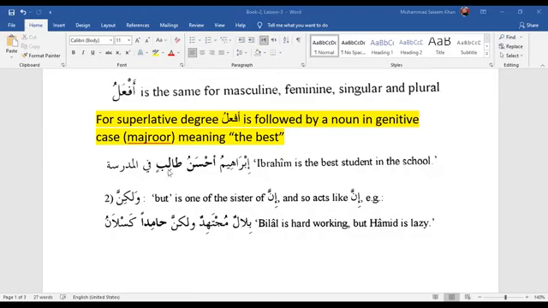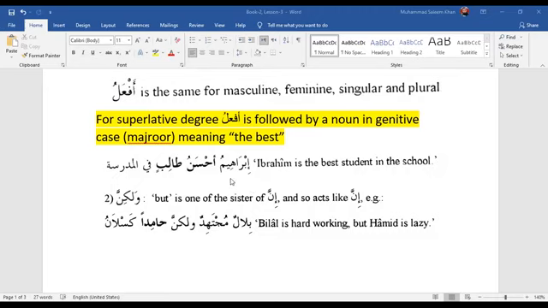Like we can see here that after ahsanu, we have the noun which is majroor, or it is in genitive case, it has kasratain. So ahsanu talibin fil madrasati. Ahmad or Ibrahim, sorry, Ibrahim is the best student in the school. Okay, now why it gives the meaning of the best? Why is that?